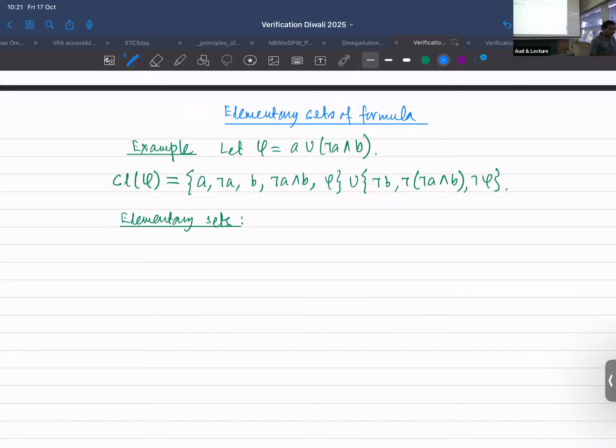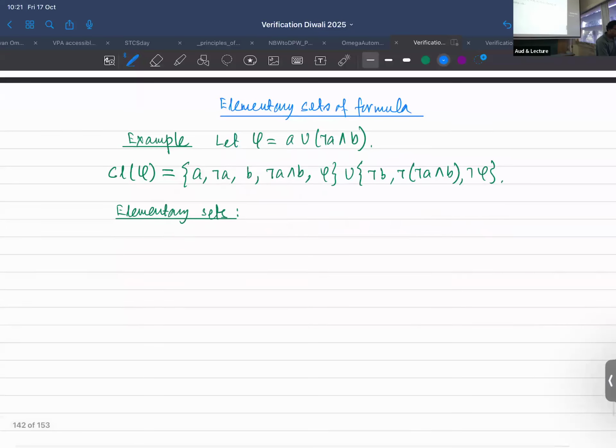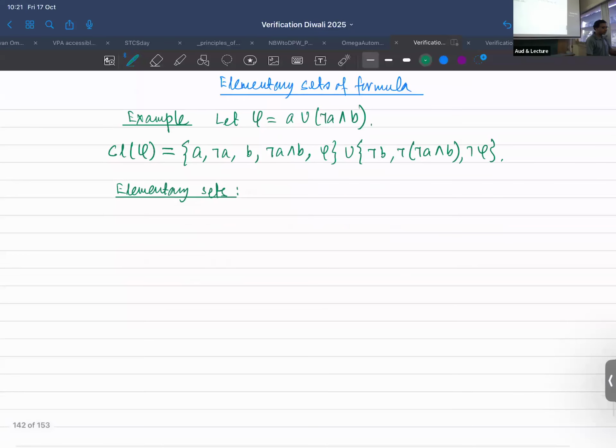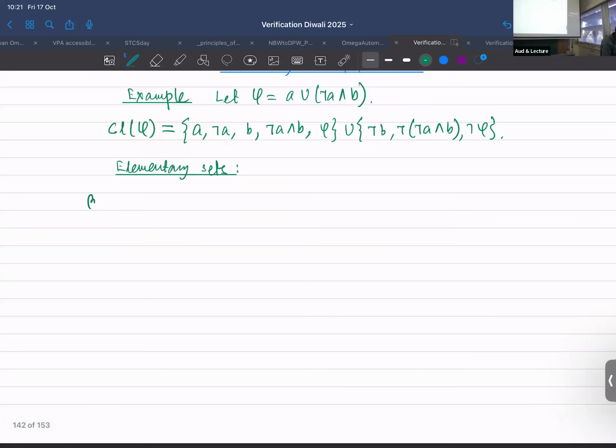So now, if I just want to take the same formula, a until not a and b, let's try to figure out what the elementary sets corresponding to this phi are. So can you now tell me what the elementary sets are? I'll just try to write them. a, b. Then I can have, let's say, not a and b and phi.